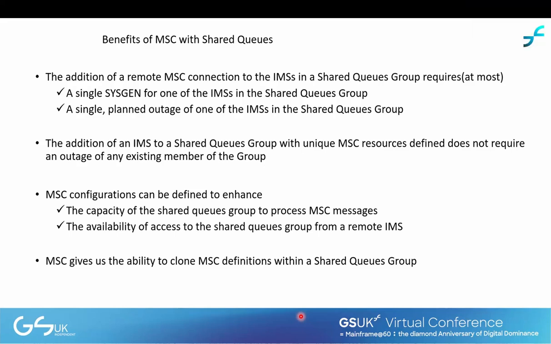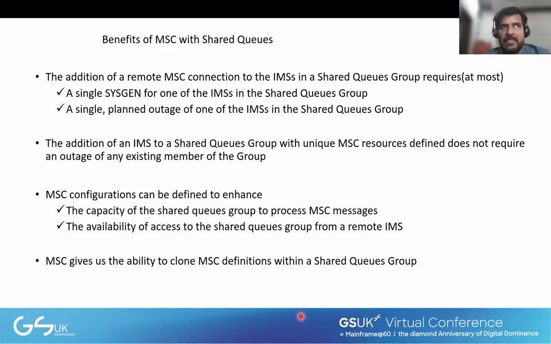Yeah, that is fine. Suppose there are 3 systems only and 2 of the systems fail, and only one system is there with loads of queues on that single system. How will that shared queue be processed at that time? Okay.